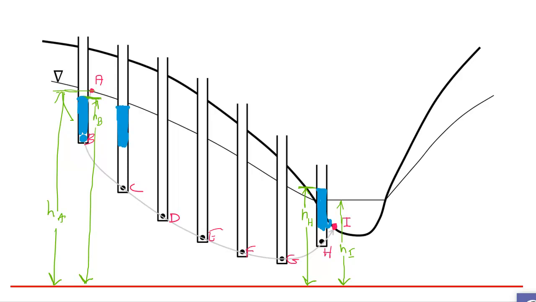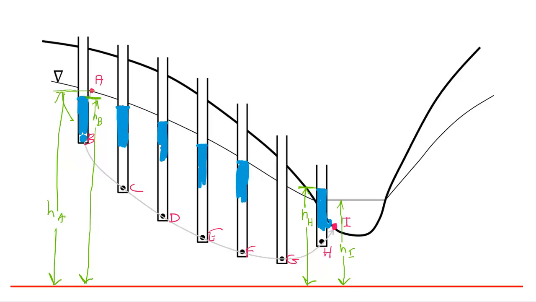And we now have to slot in the rest of these heads so that they maintain the decrease in head as we go along the flow path from C to D to E to F to G. And I'm going to do that kind of like this. Now, as I do this, it's really important that you not be tempted to simply fill in the piezometer so that the head is equal to the head at the water table.